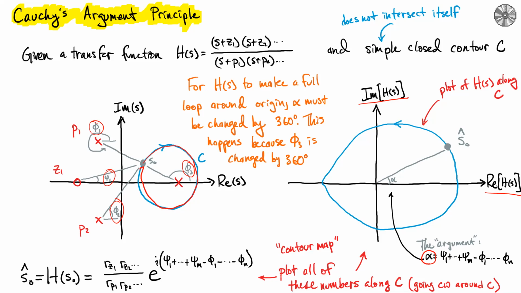And so what we're observing here is that if we place a pole or zero inside this contour, then alpha sees the impact of this 360 degree rotation, because one of these angles is actually experiencing that same 360 degree rotation.